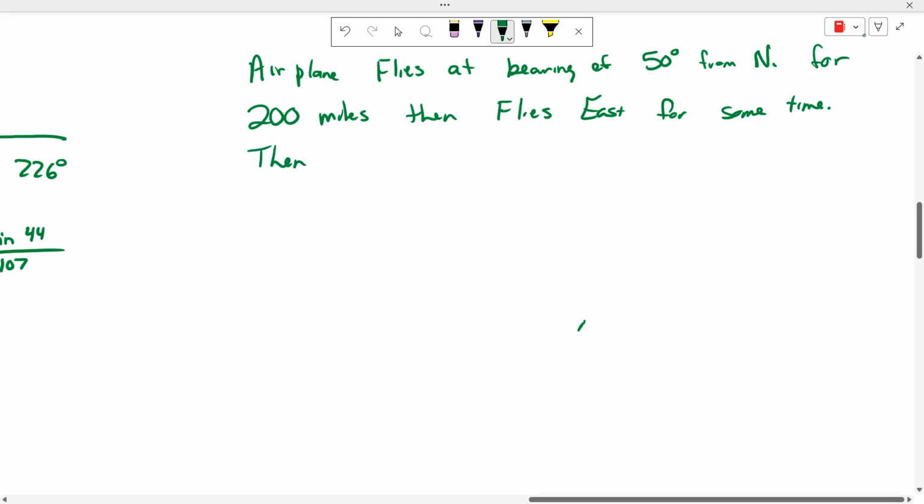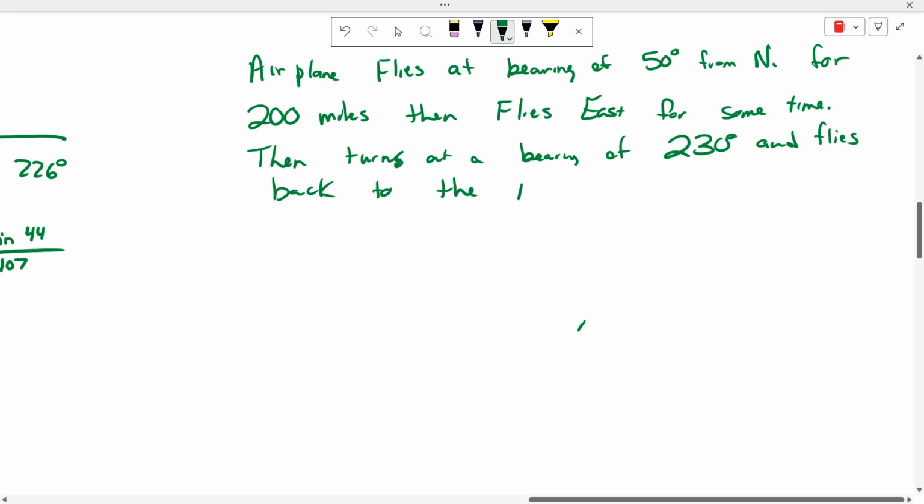Then turns at a bearing of 230 degrees and flies back to the airport. Okay? How far did it fly in its last leg of the journey?